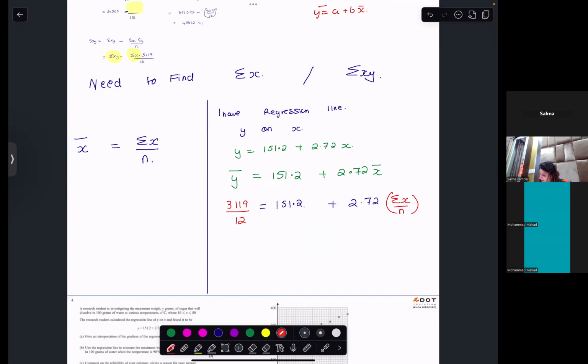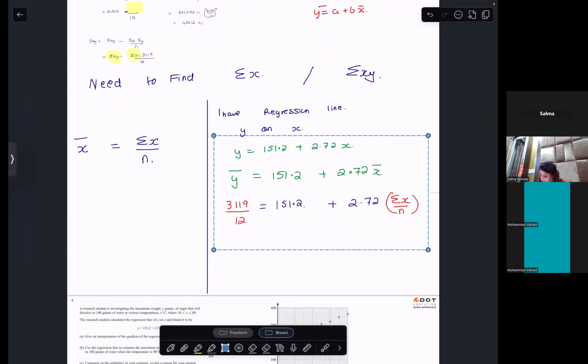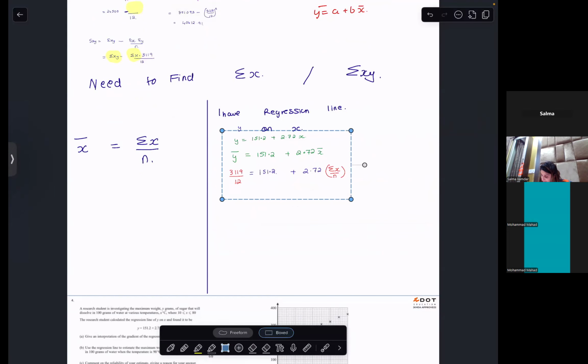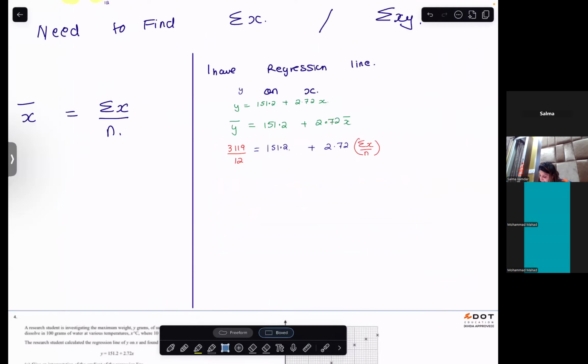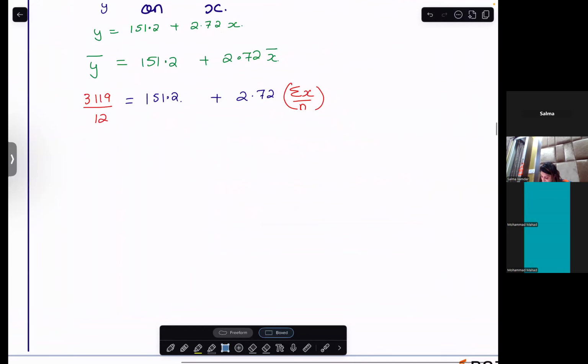I just want the sigma x, so I will make sigma x my subject. How will I do it?